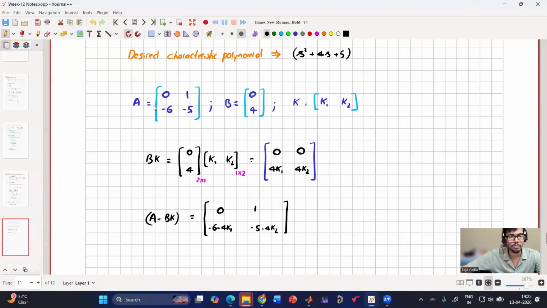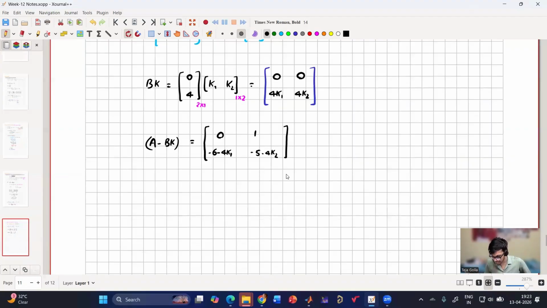So A is 0, 1, minus 6, minus 5. So 0 minus 0 is 0 and 1 minus 0 is 1, and minus 6 minus 4k1, minus 5 minus 4k2. Now let us calculate the determinant of sI minus (A minus BK). This is the characteristic polynomial, right?